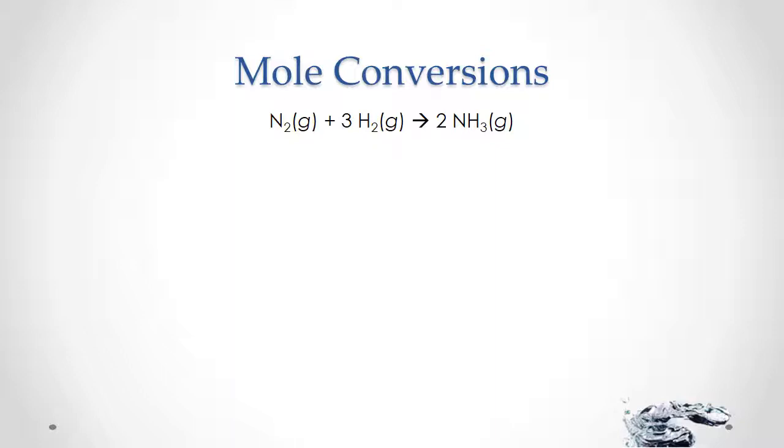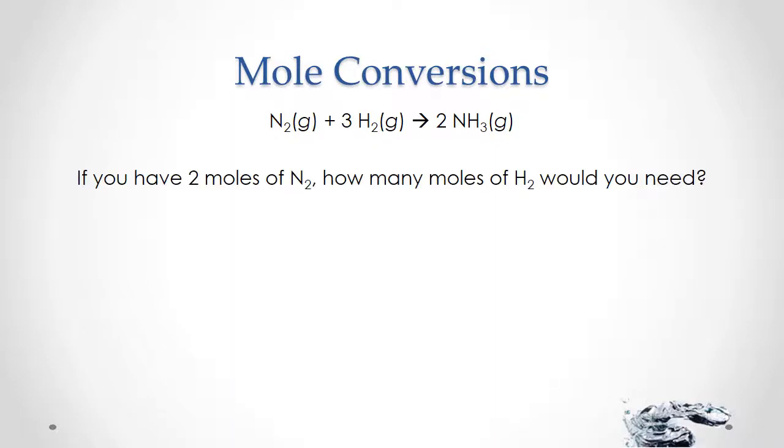If we look at the Haber process, which is how we convert nitrogen into ammonia, we see that the equation is set up so that one equivalent of nitrogen is reacted with 3 equivalents of hydrogen to give 2 equivalents of ammonia. Well, if we have 2 moles of N2, how many moles of H2 would we need to get the reaction to work?